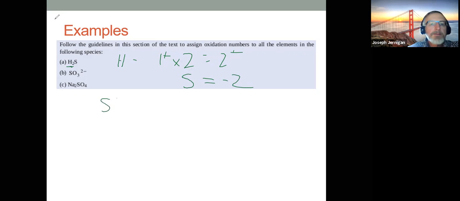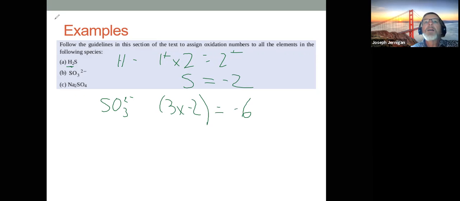Let's do sulfite, SO3 2-. Okay, so oxygen, -2. We have 3 of them. 3 times -2 equals -6. We have a net charge of -2, so we've got to get a +4 out of sulfur, right?